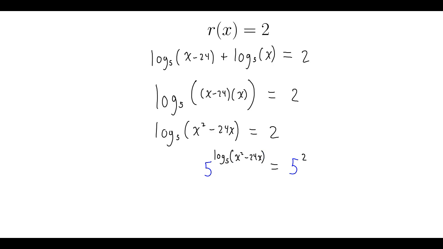Okay, the benefit of doing this, of course, is the exponential base will cancel out with the logarithm with the same base, to leave me with x squared minus 24x equals 5 squared, which is 25. Okay, so we transform this logarithmic equation into a quadratic equation.